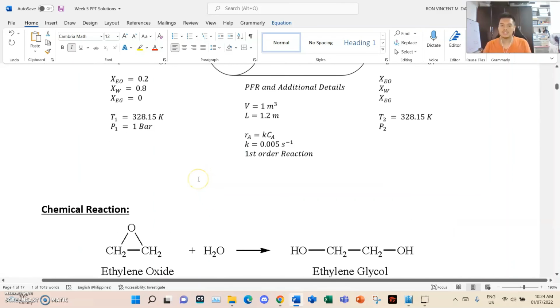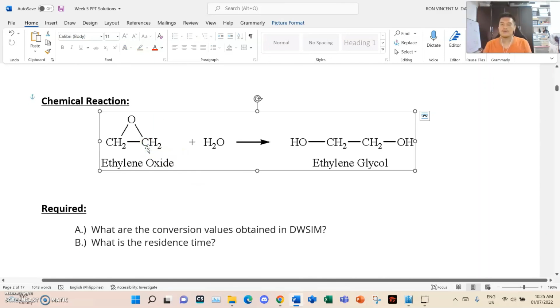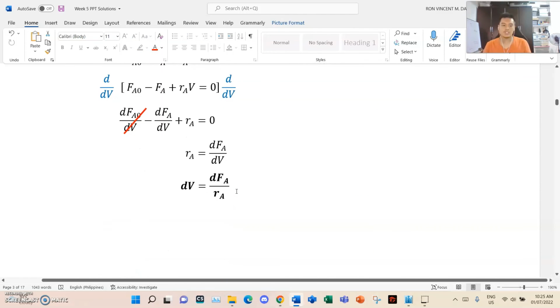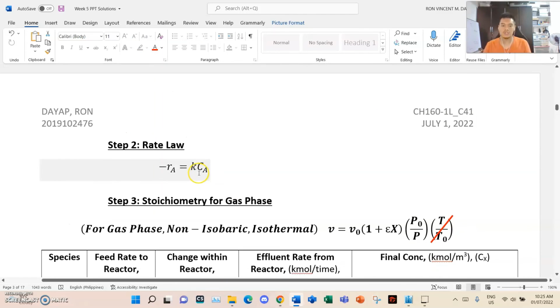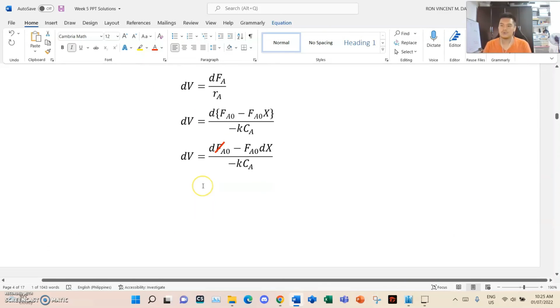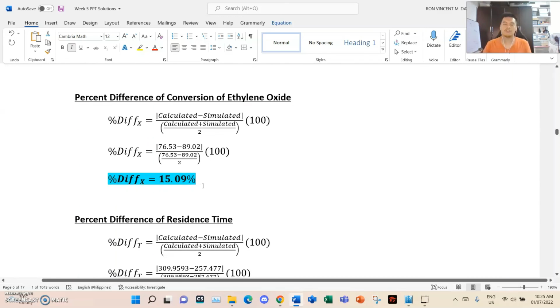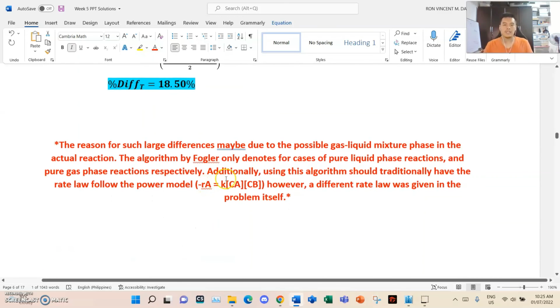We have two reactants: ethylene oxide and water. However, we're already given the reaction rate formula, which only considers the concentration of ethylene oxide at the outlet. So that's why the power law model was not used here, but the algorithm was equated for the power law model itself. That may be a cause of variation in the calculation.